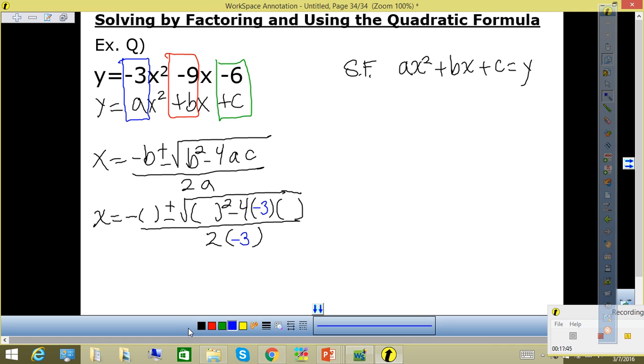Next, what is B? -9. Where does that go? At the beginning and with a square. So -9, -9. And what is the last variable? C, which is -6. That goes right here, -6. Okay? We're going to do the next part together since it's fairly simple to follow.